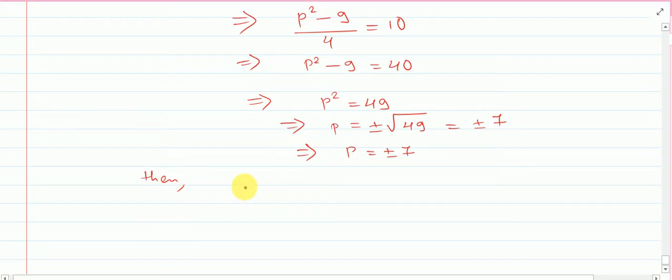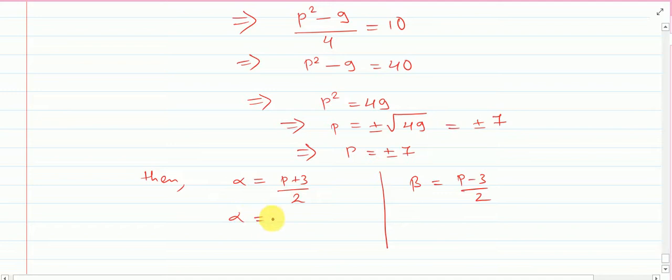Then your alpha will be equal to p plus 3 upon 2, and your beta will be equal to p minus 3 by 2.